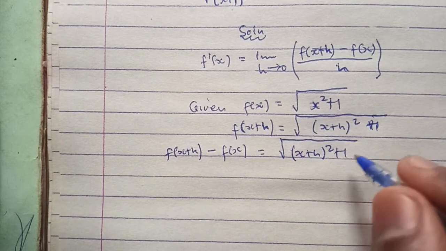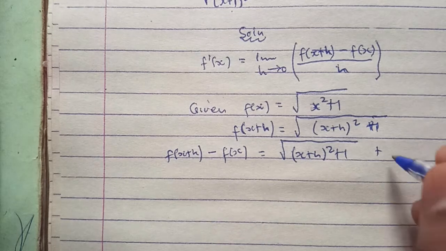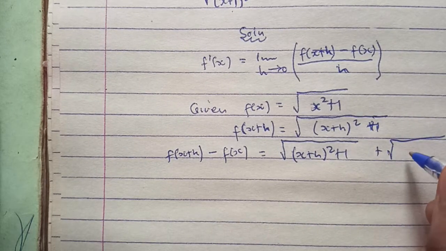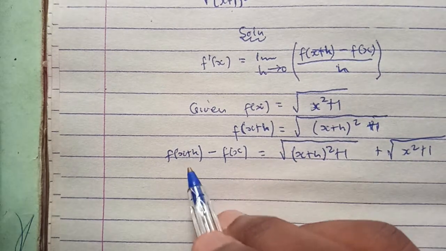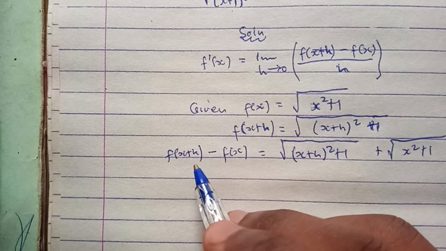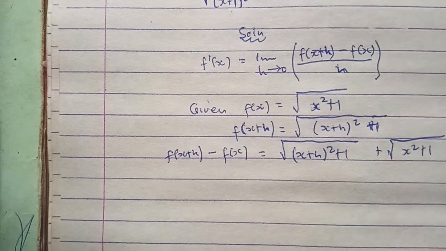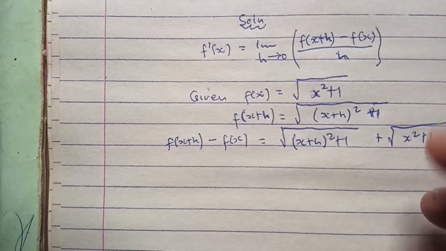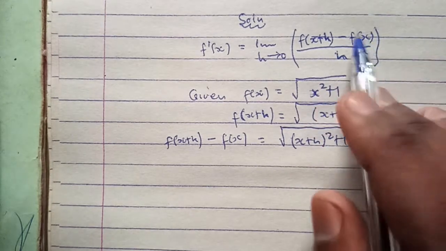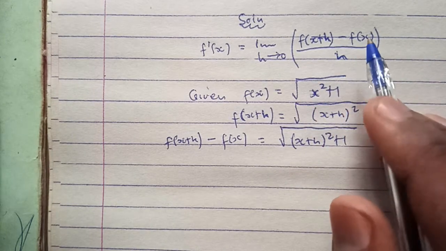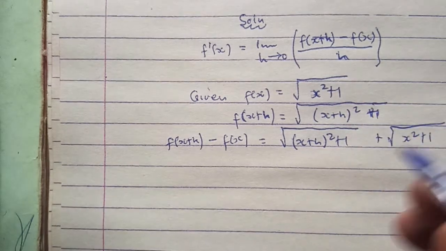This expression is under the square root, then plus another term, that is another square root. Under the square root we will have x squared plus 1. So this is f of the expression x plus h minus f of x. So guys, we'll move on. So when we move on, we will now put everything, this particular operation, into the gradient function, or the first differential, or let's say the first principle equation.